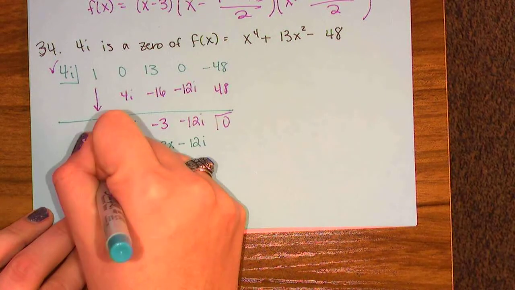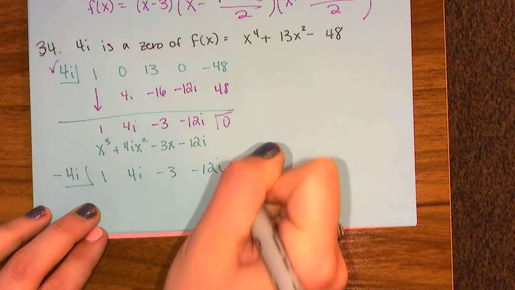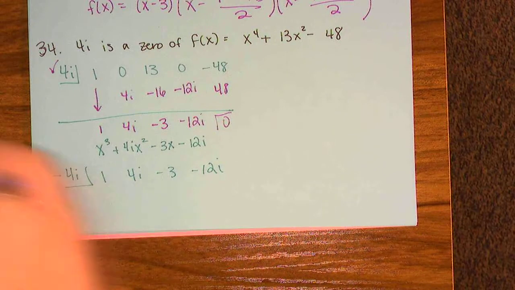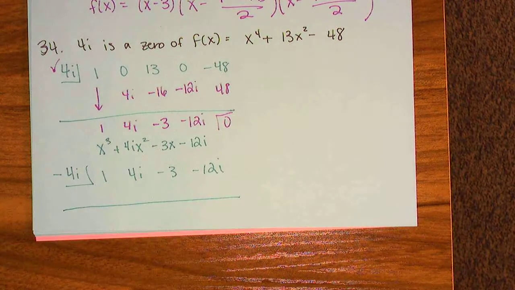So 1, 4i, negative 3, negative 12i. So what does my synthetic look like here?